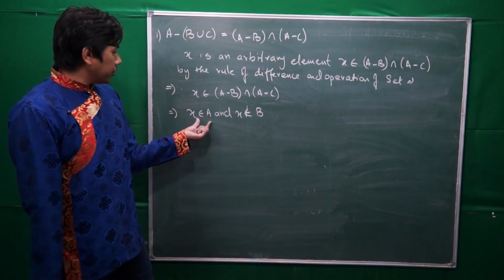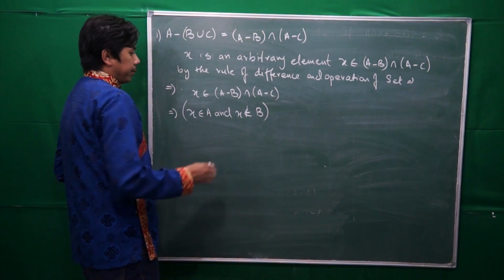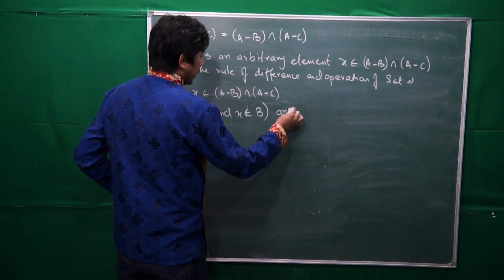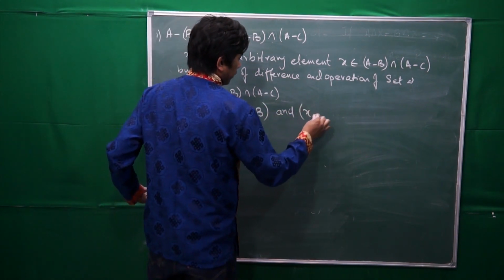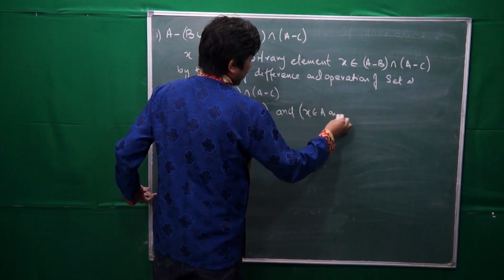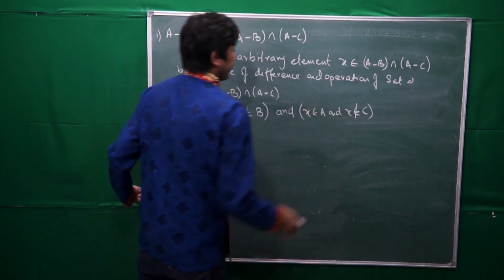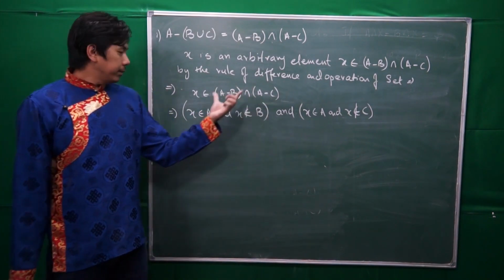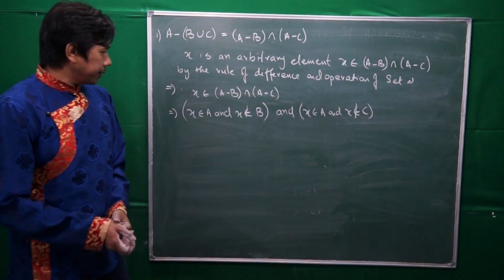So since X belongs to A and X does not belong to B, okay, this is my first bracket, this part. All right. Now intersection and again, X belongs to A and X does not belong to C. All right. Now I'm breaking this step by step. Okay. And it's clear. You can see it.